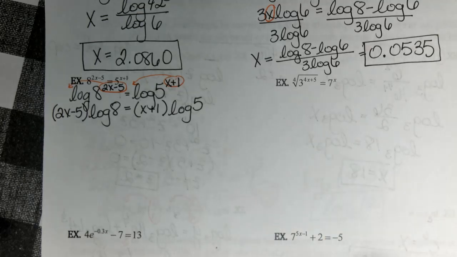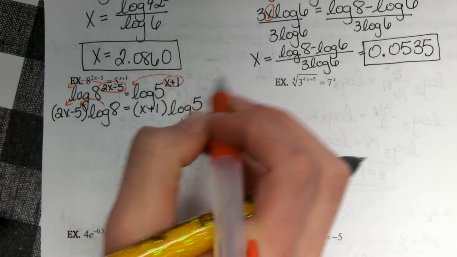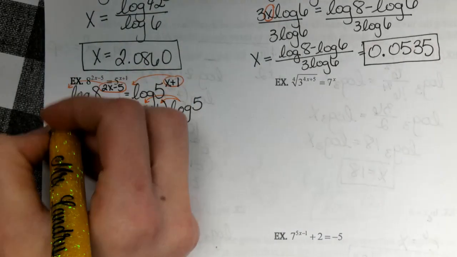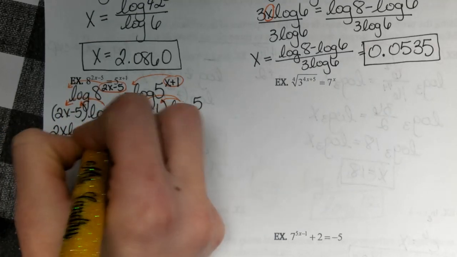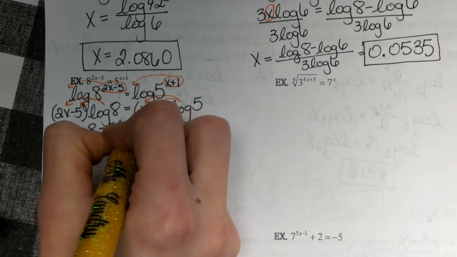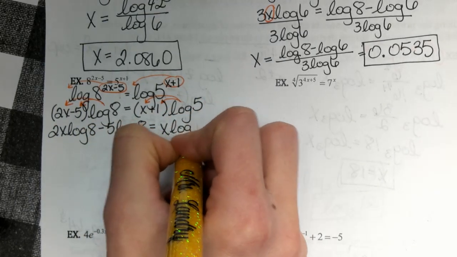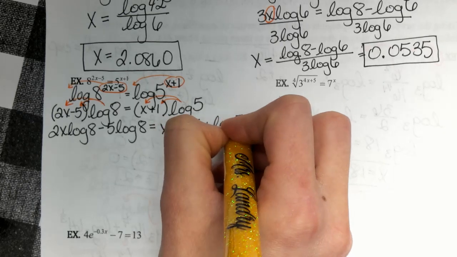What am I going to do next? I'm going to distribute. So I have 2x log 8 minus 5 log 8 equals x log 5 plus log 5.